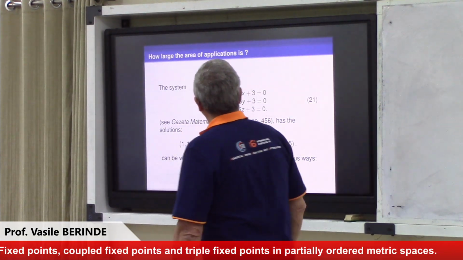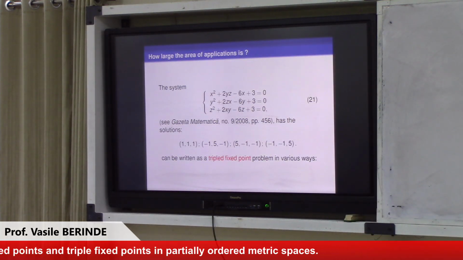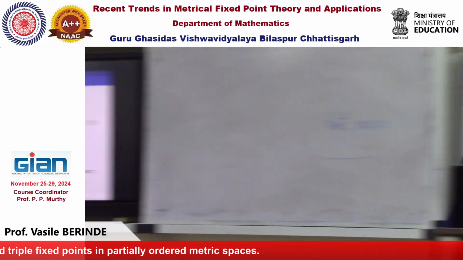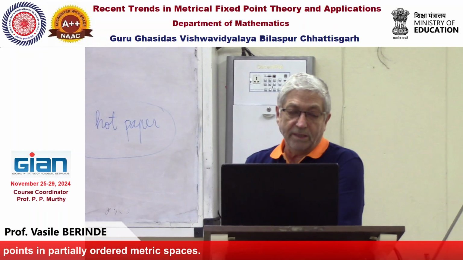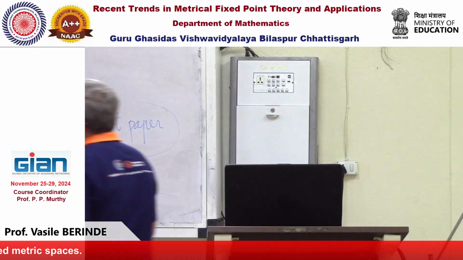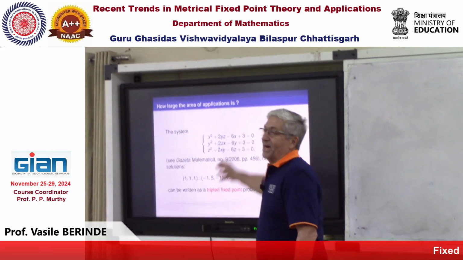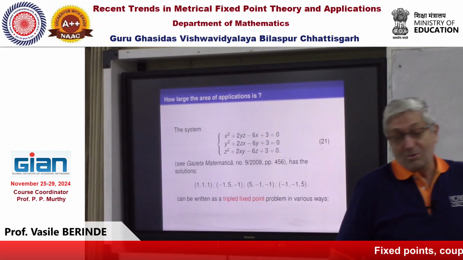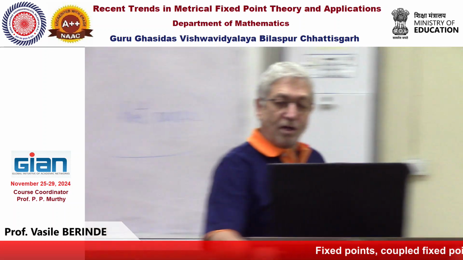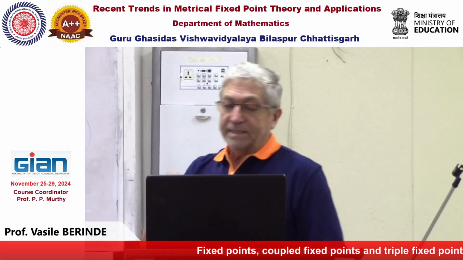I told you it's an example of a system of equations proposed to high school students, and it can be written as a triple fixed point theorem, but our theorem does not apply to this simple example. So our theorem is also not very large, and there are some other systems.